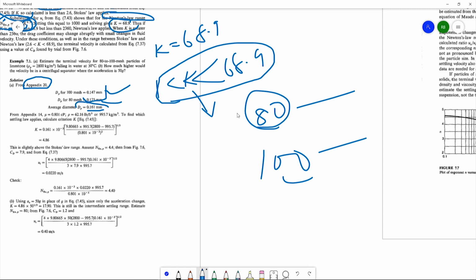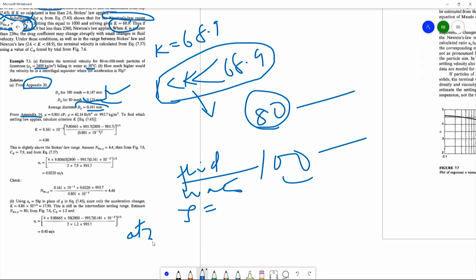Now, what is the density of the particle? It is given. Let's calculate the fluid properties. So the fluid is water, right? What is the density of water? Now you have to find it from appendix 14. So that is the significance of the temperature: if the temperature is given, you have to calculate the properties of the fluid at that temperature.